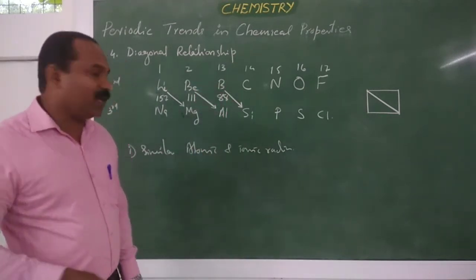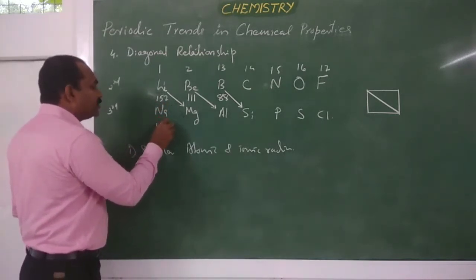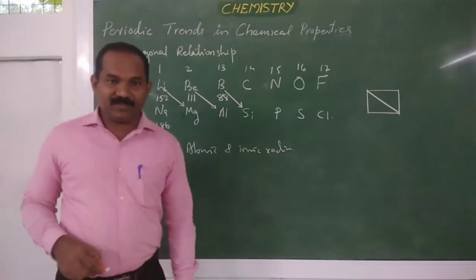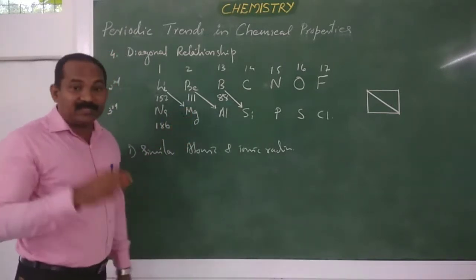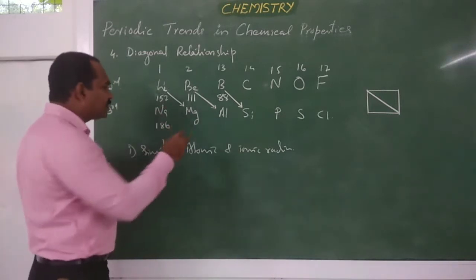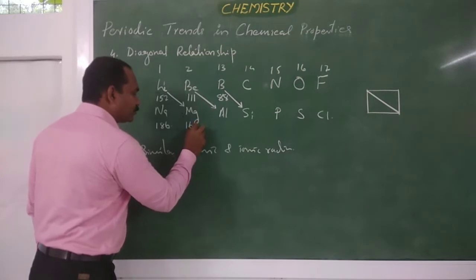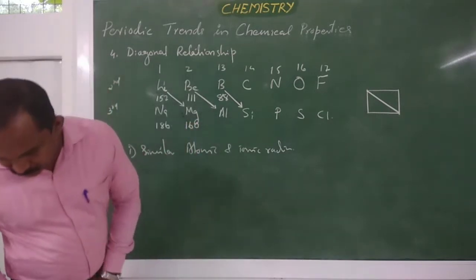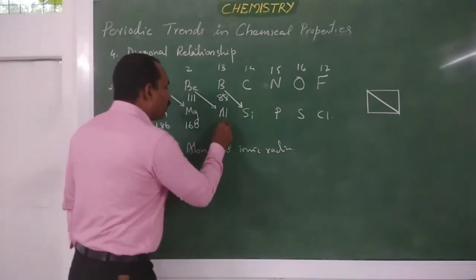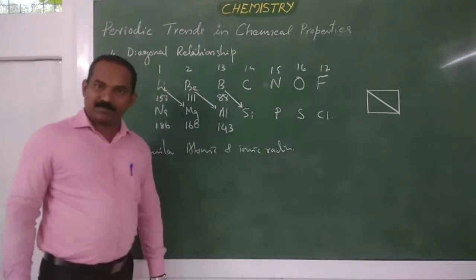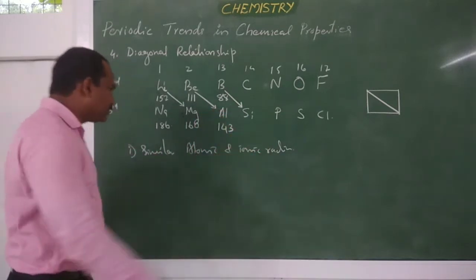In the case of sodium, atomic radius is 186, and that of magnesium is 160, then aluminum is 142. Silicon is lesser, nearly 100.